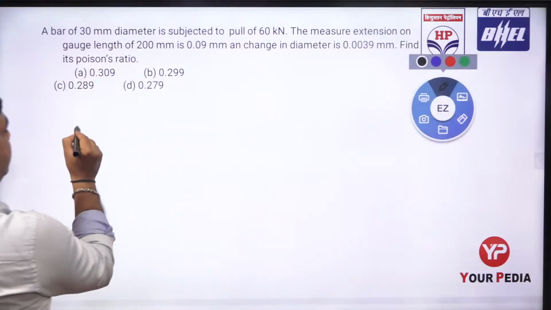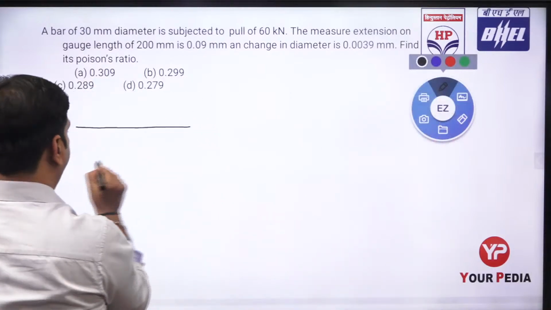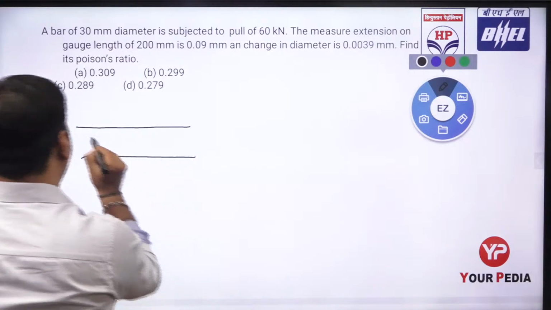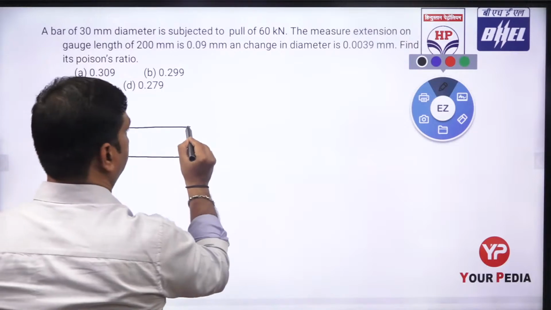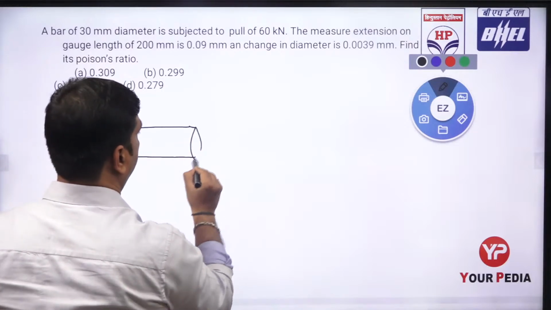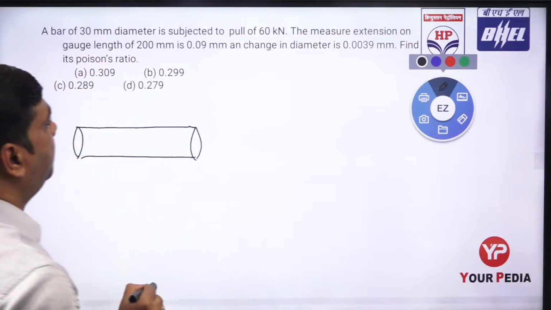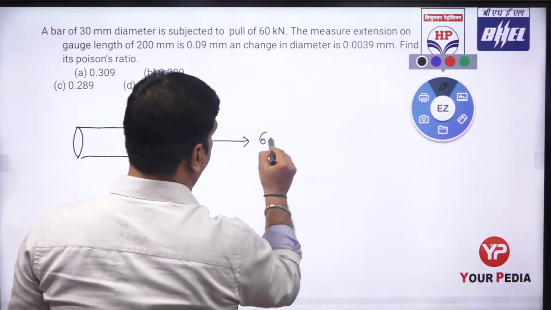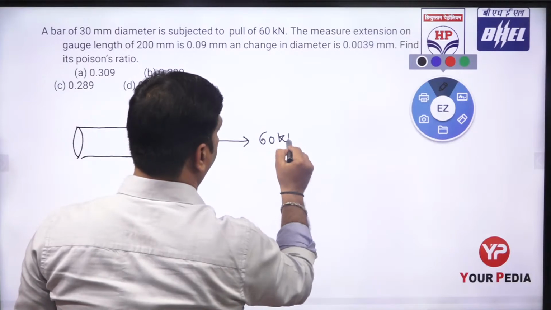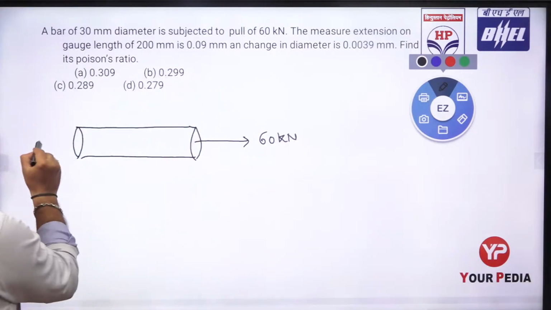So this is saying that a bar of 30 diameter is pulled by a 60 kilonewton force.